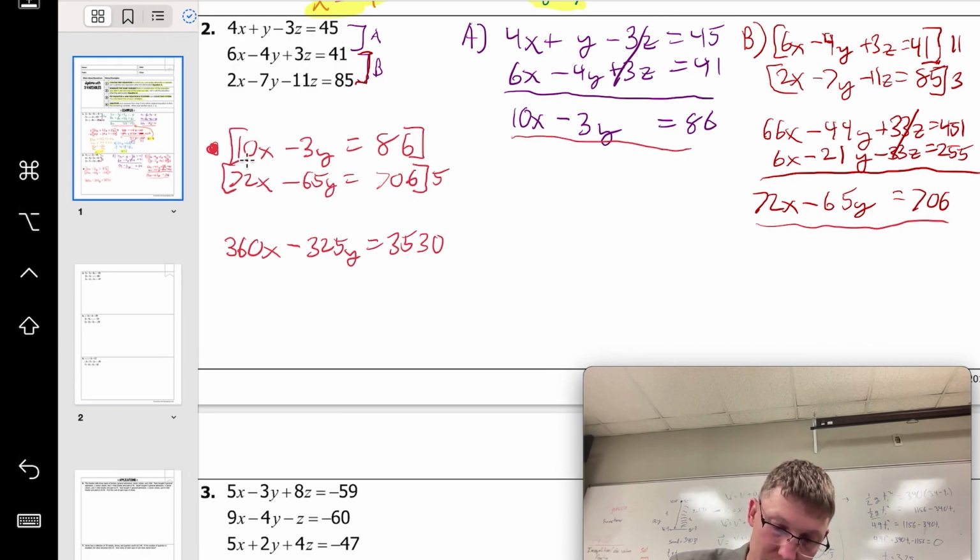Okay, so then our top one, we're going to multiply by negative 36, so that our signs are opposite.